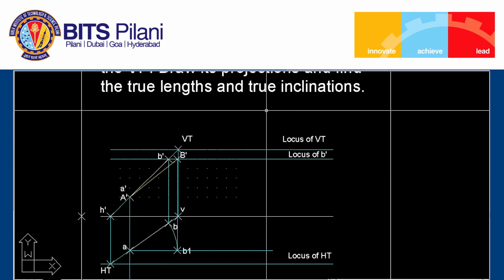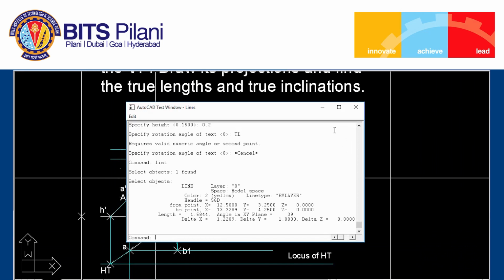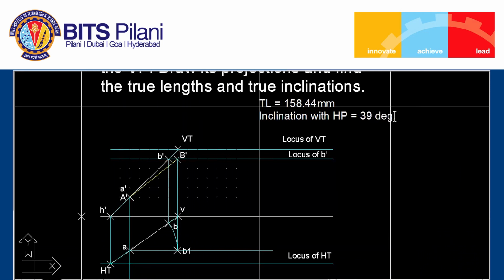So I can write here with the text command: true length of the line, which was 158.44 millimeters, inclination with HP is equal to 39 degrees.